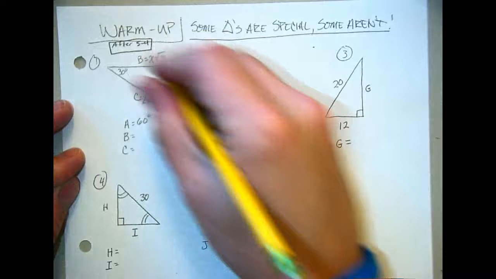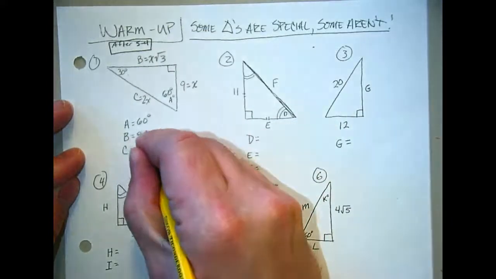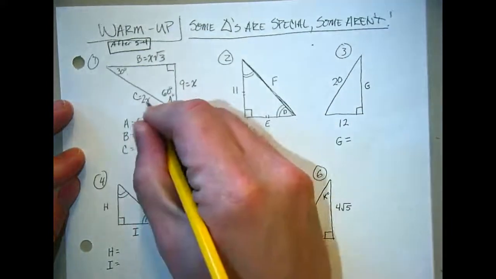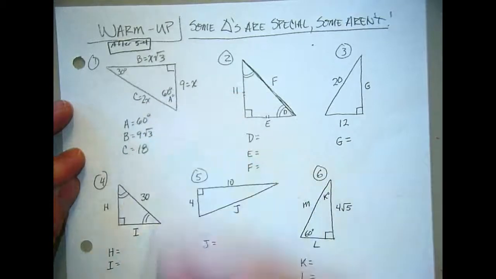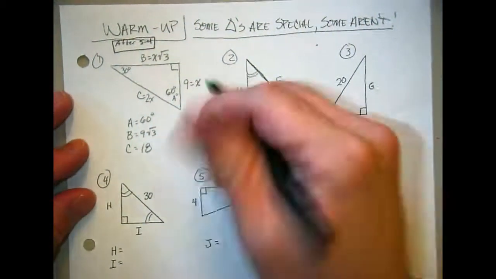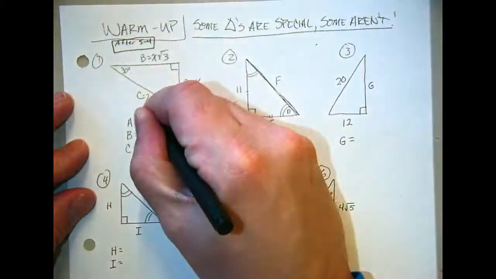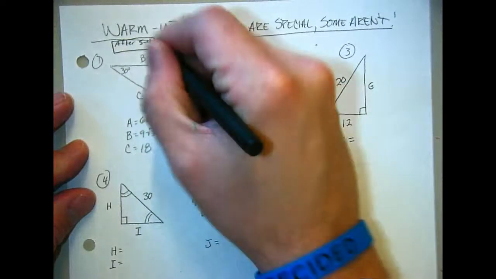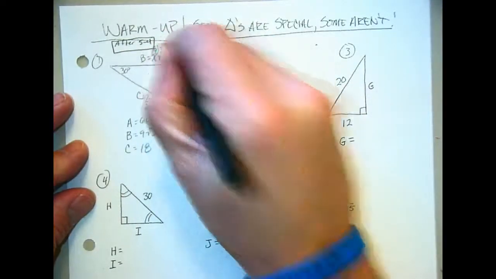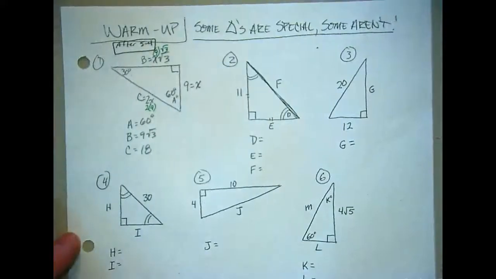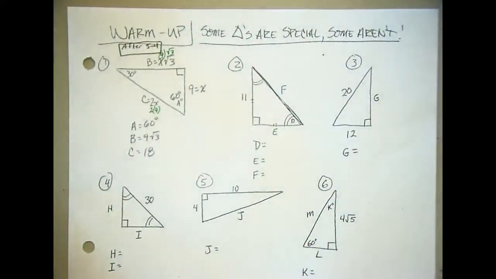So if x is 9, b is 9 root 3, and 2 times 9 is 18. So plug in x for each of these. How many got it? All right. Another minute or so, and I'll go through number 2 with you.